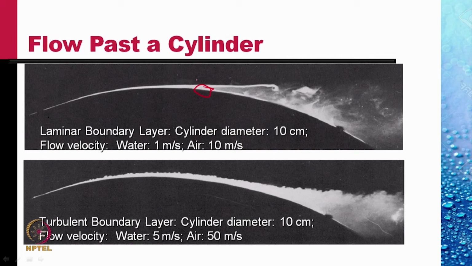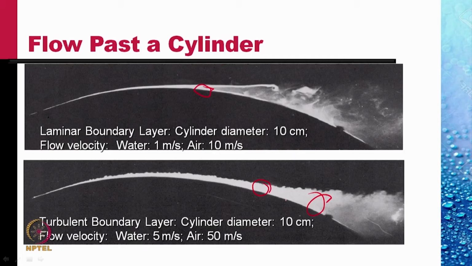And the separation is delayed. Separation is somewhere here, or maybe even here. The boundary layer is thickening, but it's separating at about the second location that we've shown. In turbulent boundary layers, then, the boundary layers separate from the body.